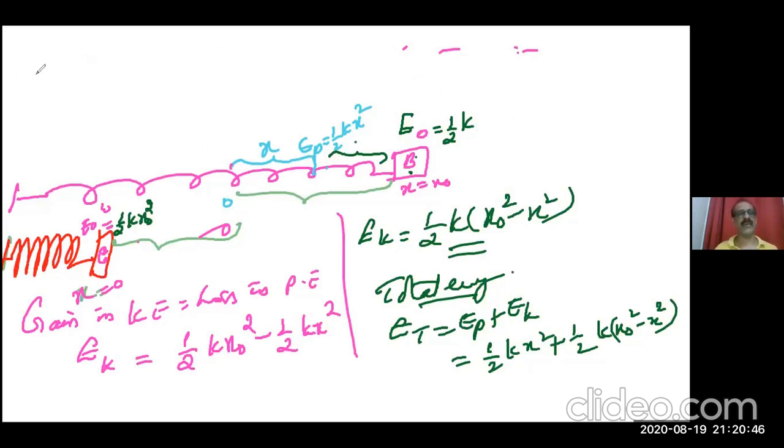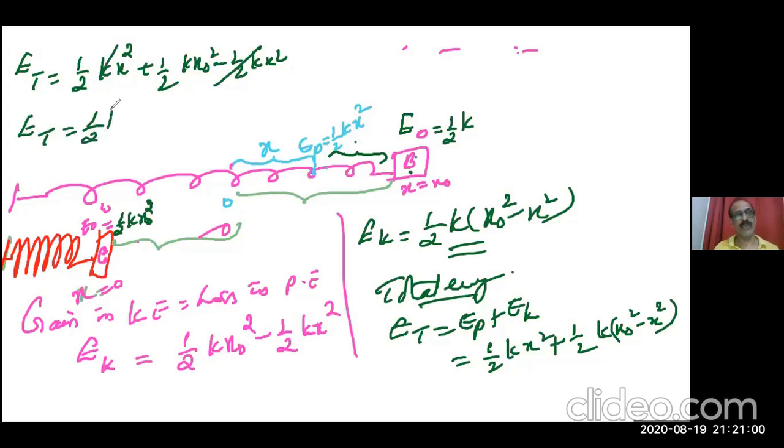Et, total energy, is equal to half k x squared plus half k x naught squared minus half k x squared. These two cancel. Et is equal to half k x naught squared. That's the answer, the total energy.